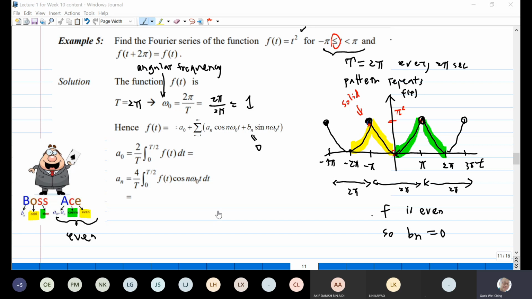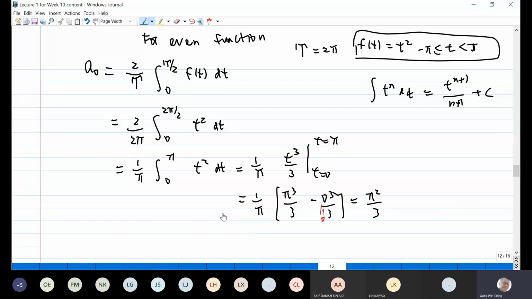So what is An here? The An formula will be harder and takes a lot of time.